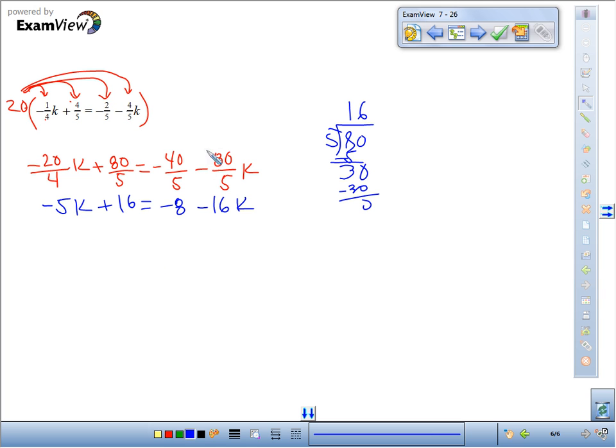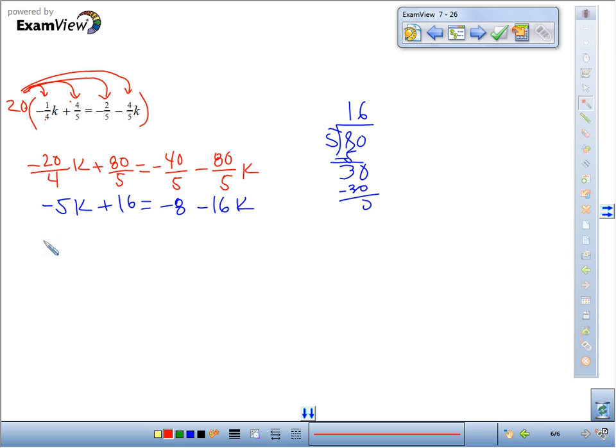Are we there so far? So I'm going to look at the left side of the equation. I can't simplify anymore because this is a variable, this is a constant. And here the same thing, so therefore I need to get all variables to one side. Where do you want to start? Okay, you can start at -5k, but what is the smallest variable? -16k.